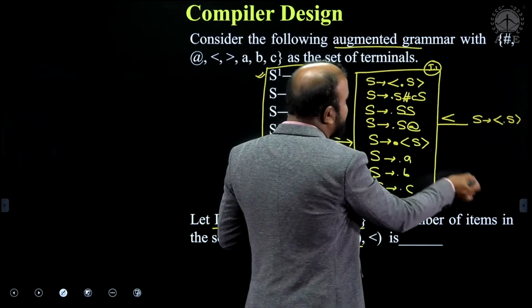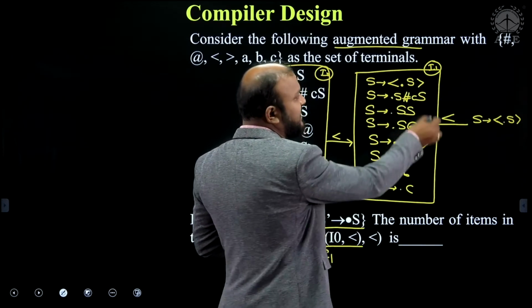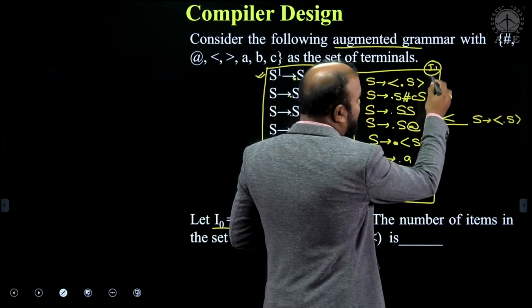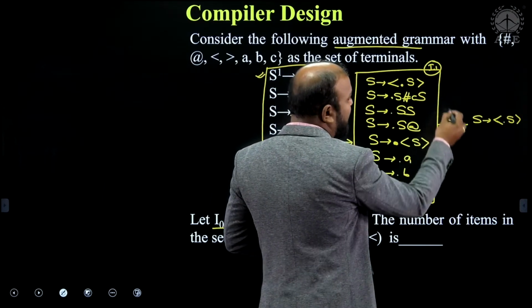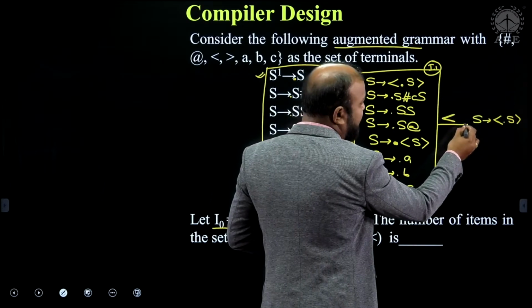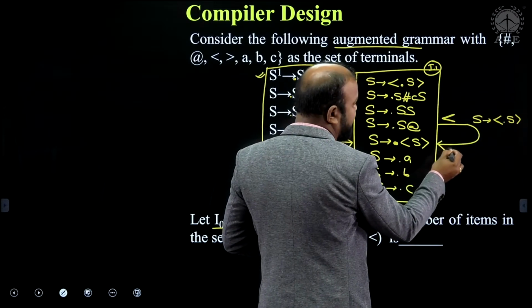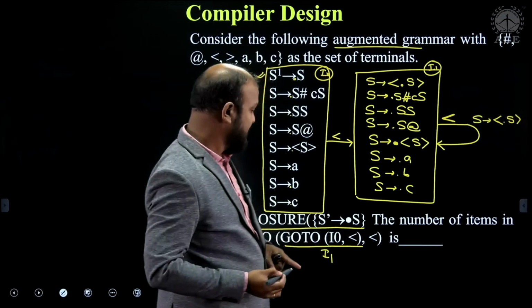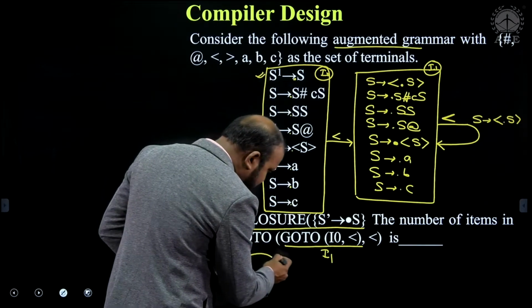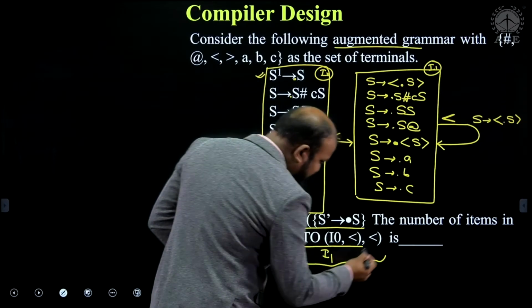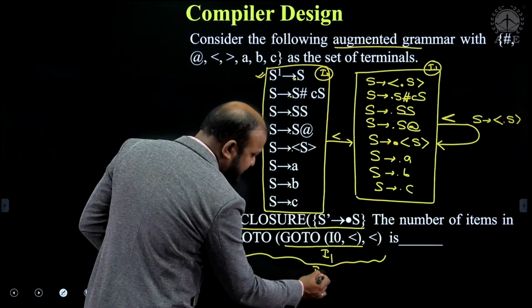If you write all S productions, you are going to get the same item 1. It means goto of item 1 on input < is leading to the same I1. So, goto of I0 comma < is I1 itself.